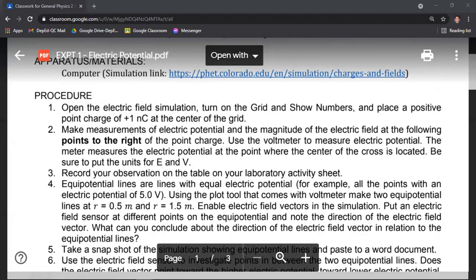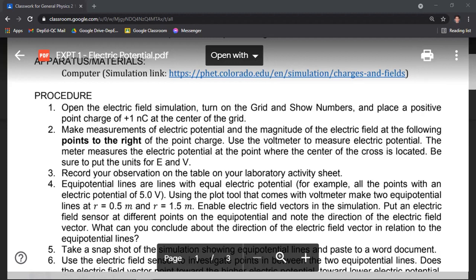Use the voltmeter to measure the electric potential; the meter measures the electric potential at the point where the center of the cross is located. Be sure to put the units for E, the electric field, and for V.